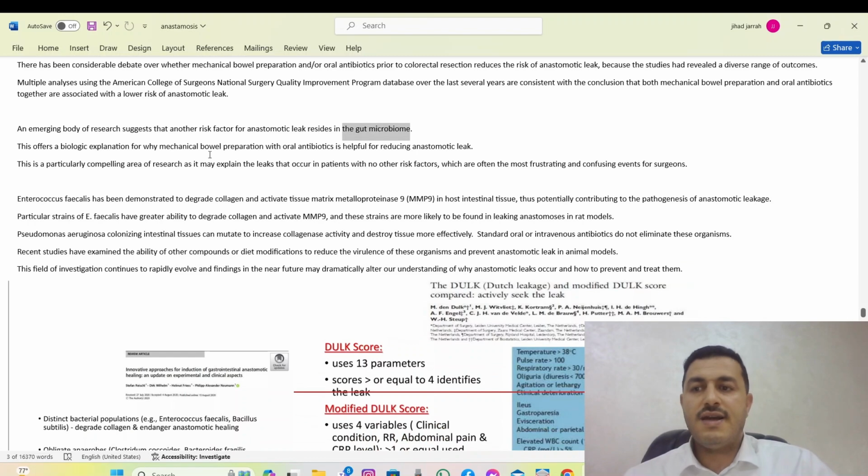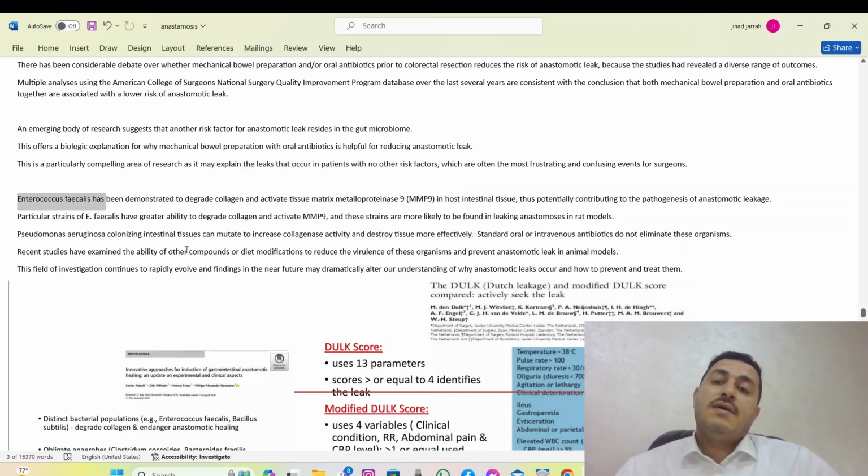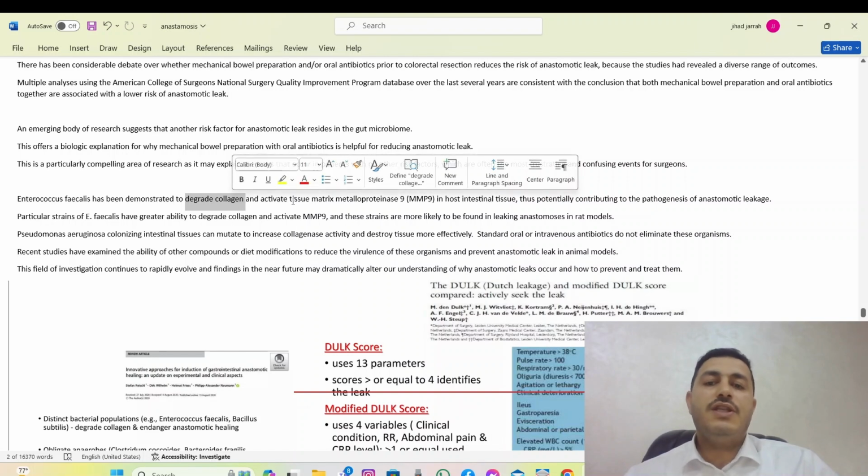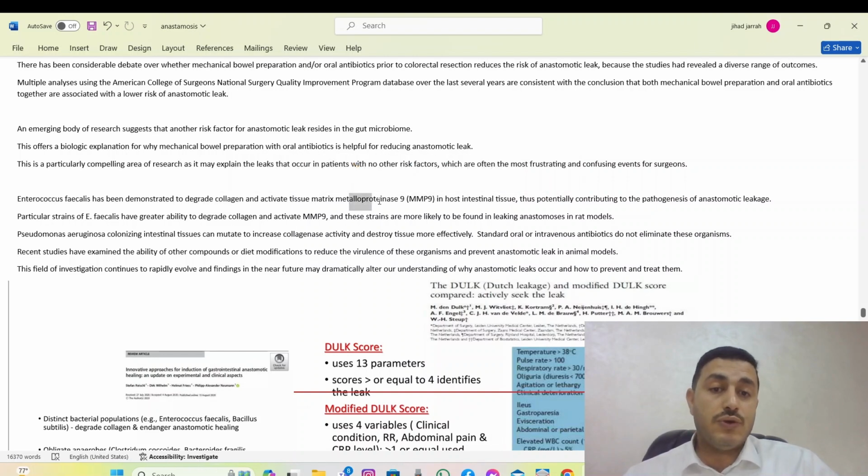Of these bacteria is Enterococcus faecalis, which is proven to degrade the collagen and activate the tissue matrix metalloproteinase. Not only Enterococcus faecalis, but there is also Pseudomonas. This may explain why oral antibiotic can reduce the risk of leak.